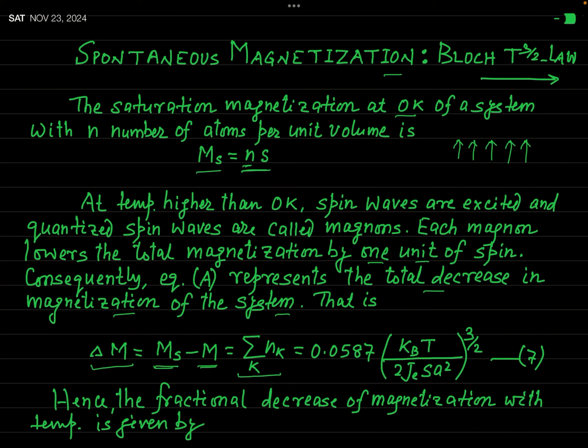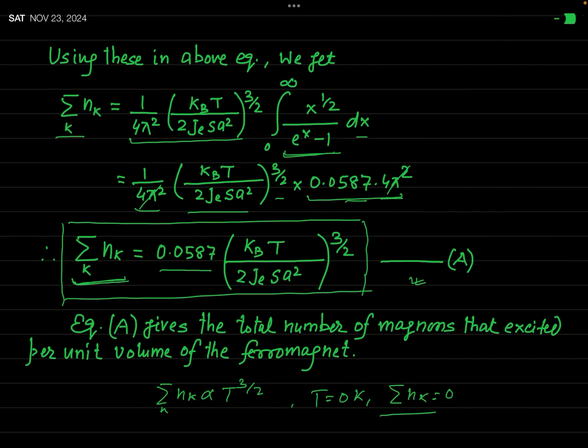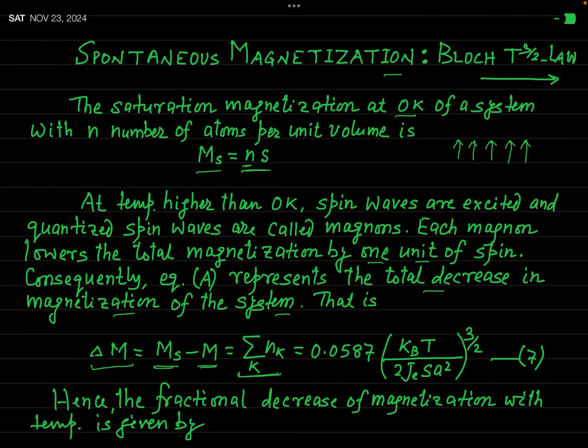So delta M is simply equal to this summation over n_k, and we have already obtained its value in equation A. So the reduction in magnetization, delta M, equal to Ms minus M, will simply be 0.0587 times (kBT over 2JS a squared) to the power 3/2. I think you have clearly understood this idea.